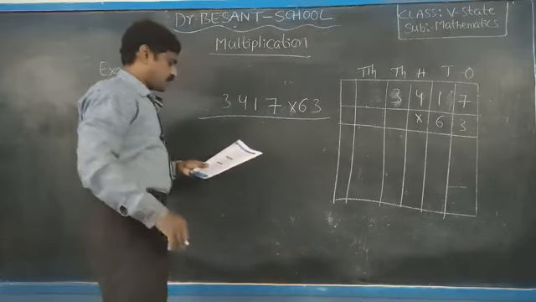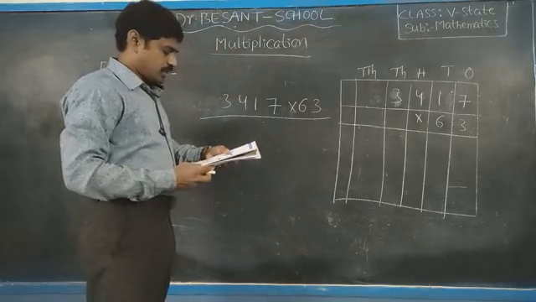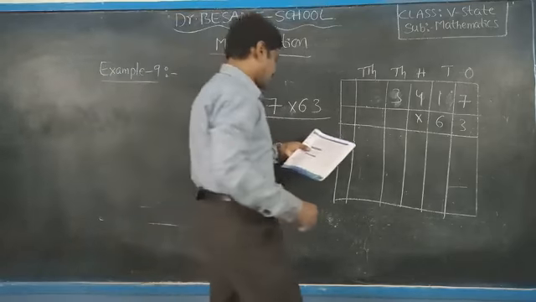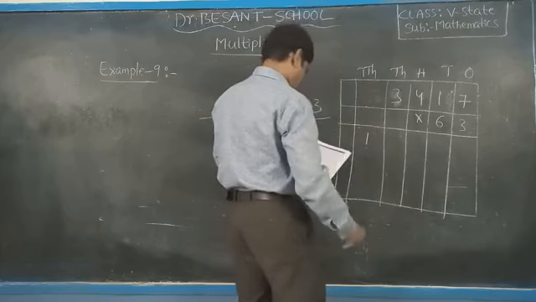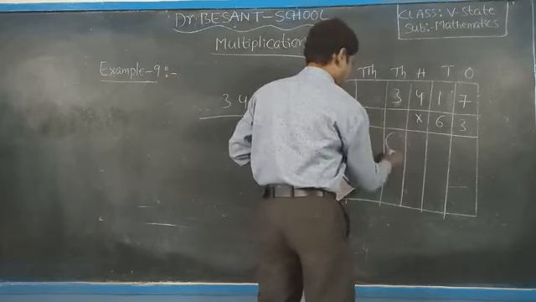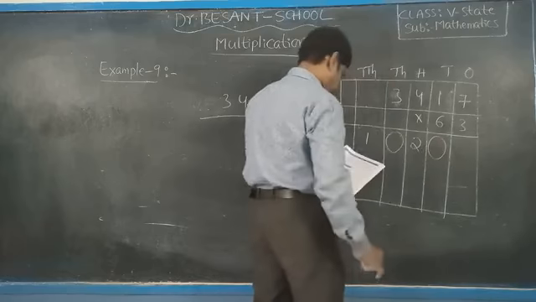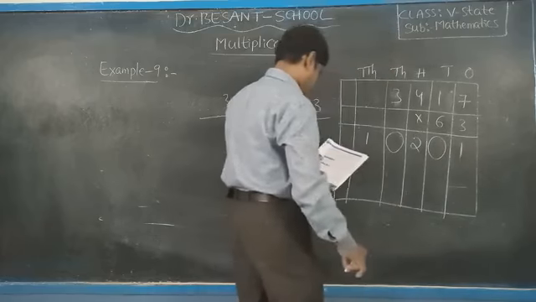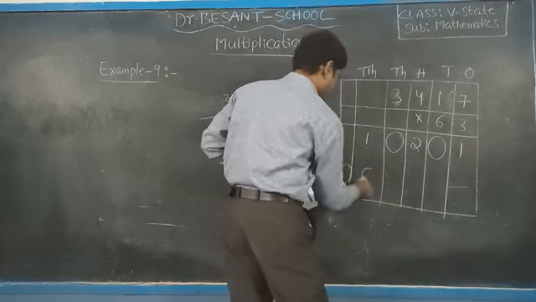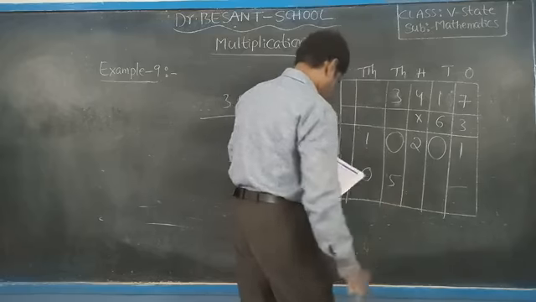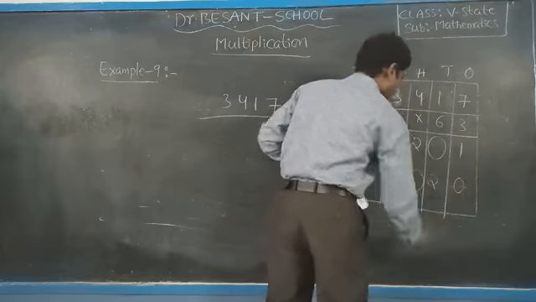What is given here? 1, 1, this is not round up, 2, round up, 1. Next, round up, 0, 5, this is circle, 2, 0.